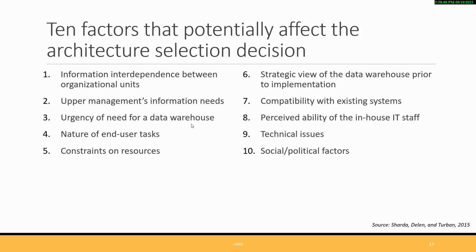What is the urgency of a data warehouse? The nature of end user tasks: what are some of the tasks that the end user is doing? Are there any resource constraints? Maybe technical issues, social and political factors. Other questions may involve things such as the strategic view of the data warehouse implementation. Are the systems compatible with each other? So there can be a variety of factors.